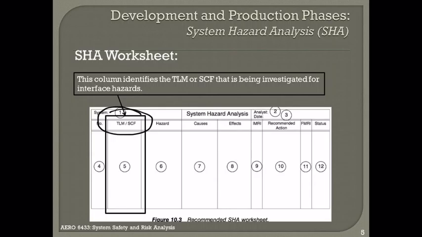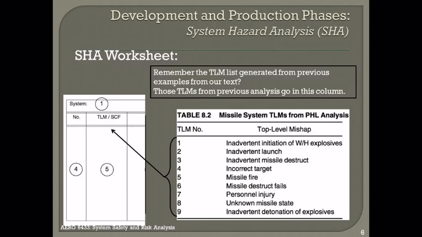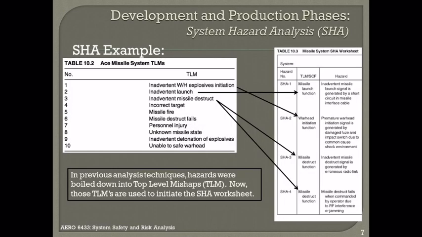From our example in the text, we boiled down all of the identified hazards in the ACE missile system to these top-level mishaps, if you remember from Table 8.2. Nine of those top-level mishaps were identified during the preliminary hazard analysis phase, and one additional top-level mishap, a 10th one, was identified during the subsystem hazard analysis. So those top 10 things are what goes into the TLM/SCF column of the system hazard analysis worksheet.